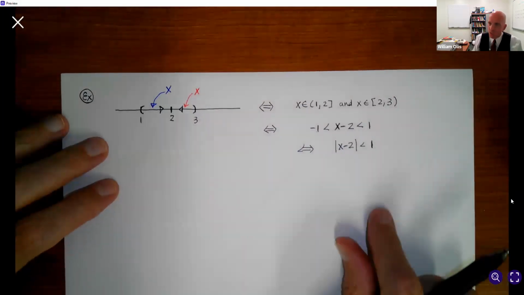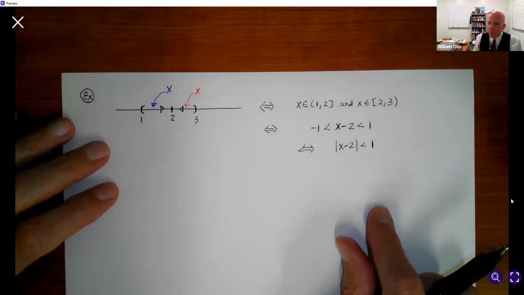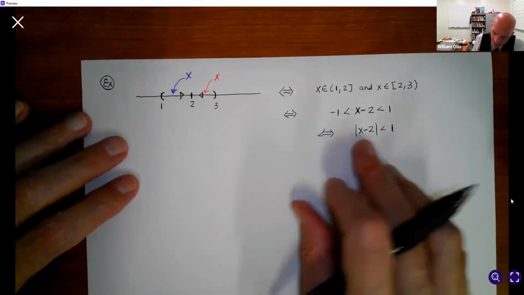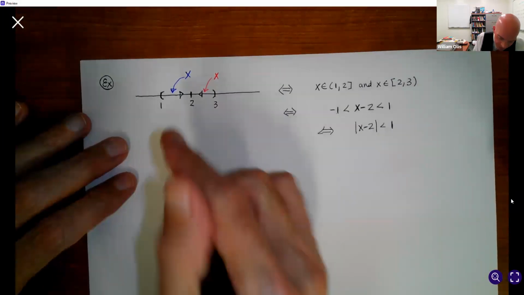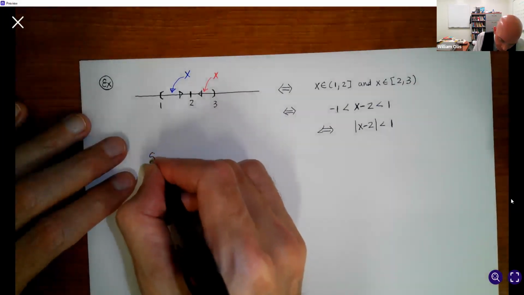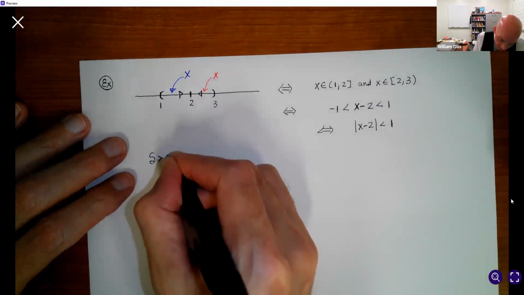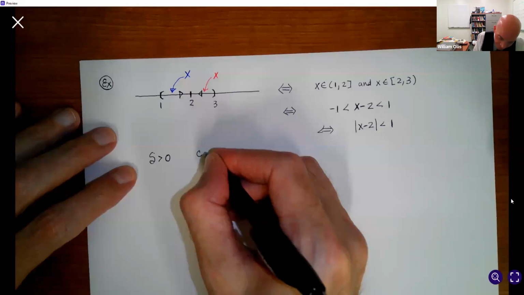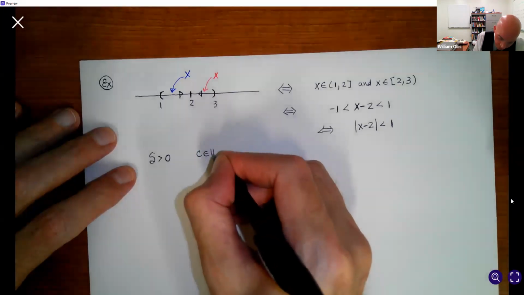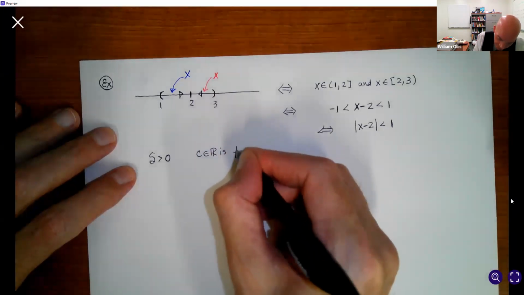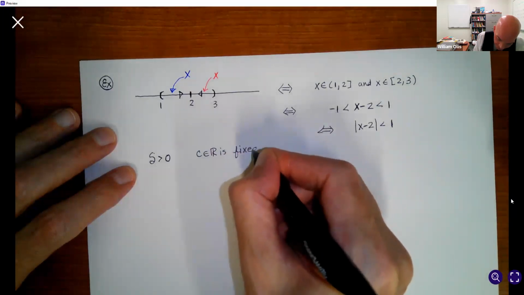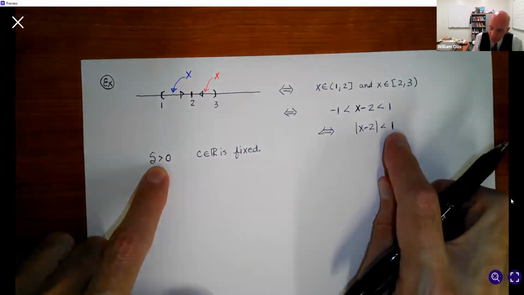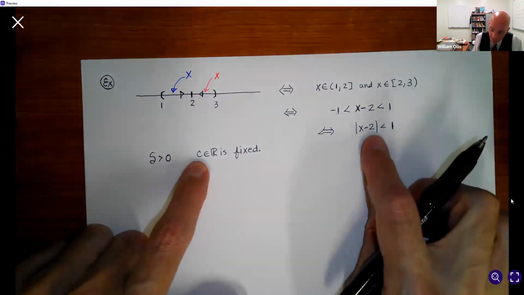So this is how we construct a symmetric interval. When you actually write the calculus for something that looks like this, we could say that delta would be a positive number, using a little Greek letter, and we could say c, an element of R, is fixed. Now we can think of the delta as being the 1 and the c as being the 2.